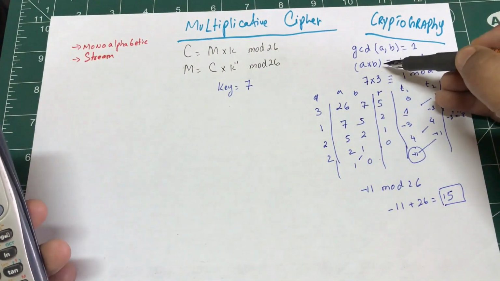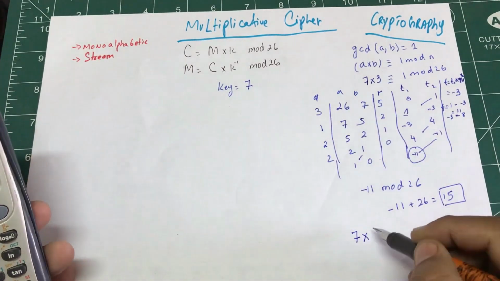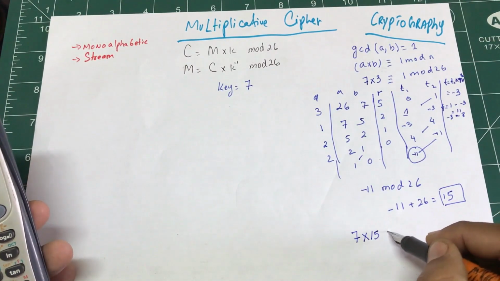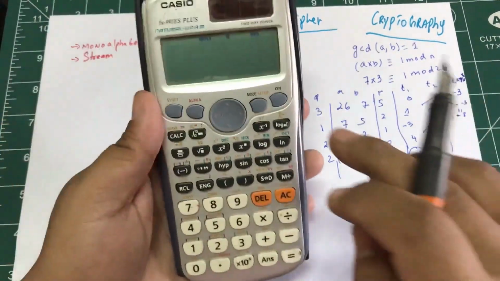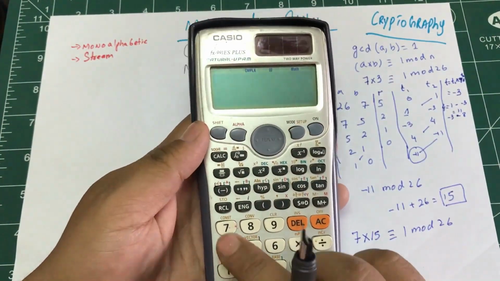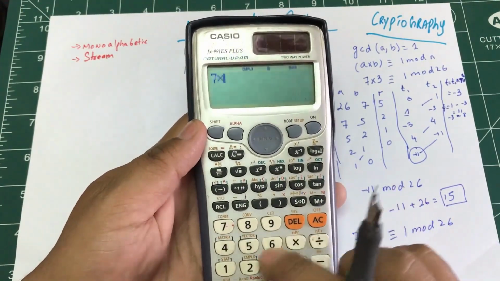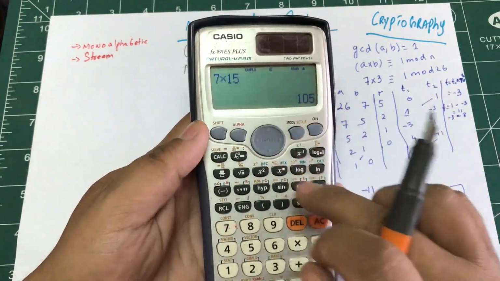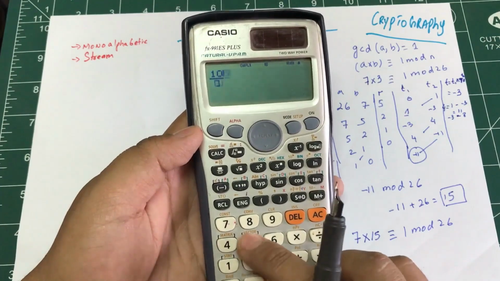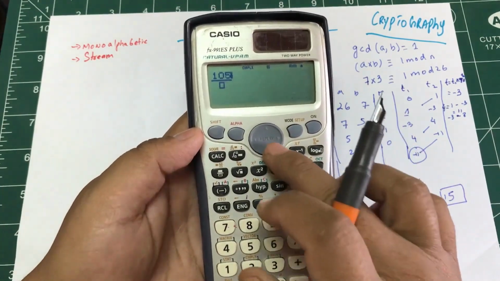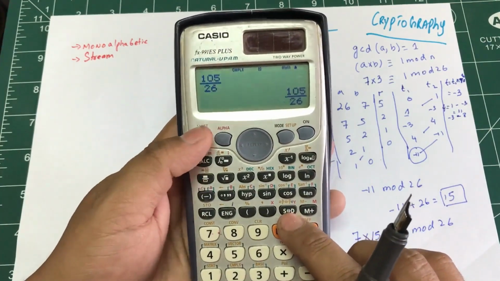Let's check using this criteria. If I have 7, which is my actual key, times 15, congruent 1 mod 26. So let's multiply 7 times 15 on the calculator. 15, 105, and let's take mod. I have already taught you how to do this. So 105 divided by 26, and let's do shift.